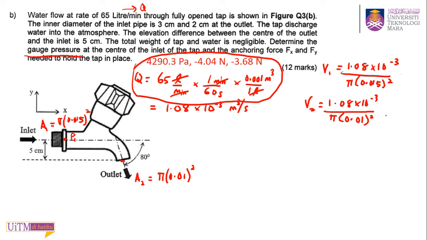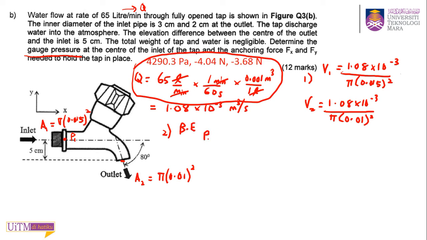Okay, why do you need to find that? Because you want to find P1. So what next equation will we use? Second step. So this is the first step. What is the second? What equation do we use to find P? Bernoulli equation.